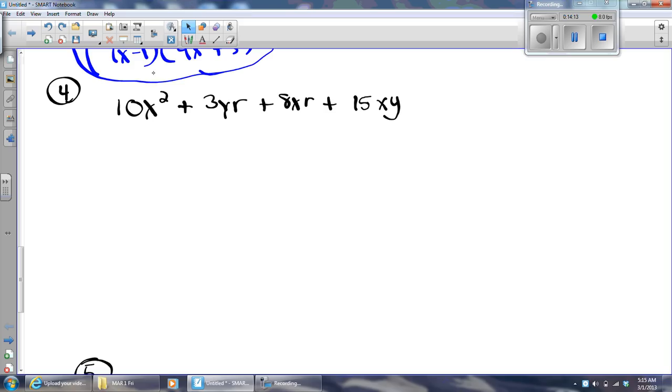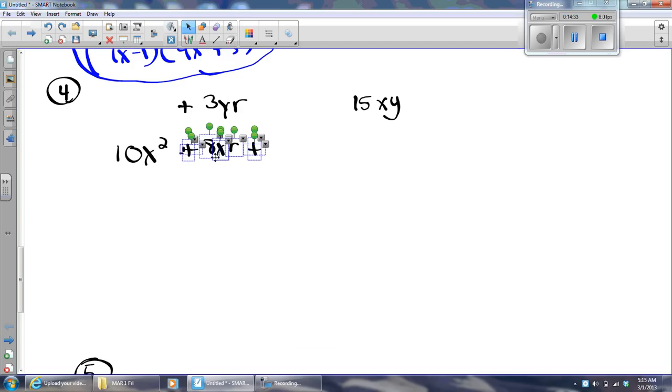Gonna look to group. Gonna look to group. And I don't like the order that they're in. There's a lot going on in this one. I'm going to put the 10x squared with the positive 8.